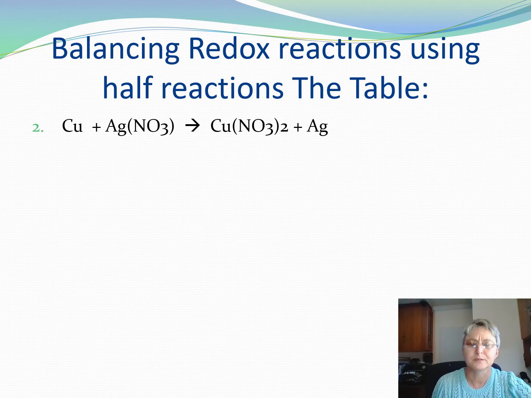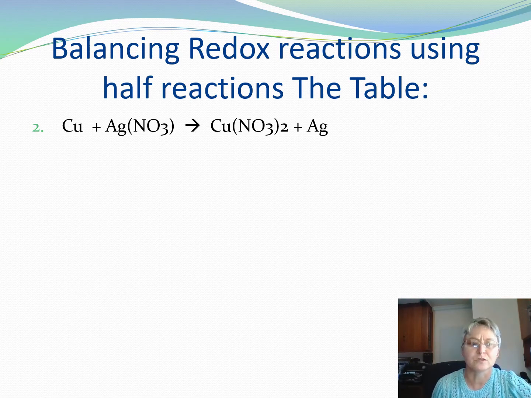And what happens is the copper displaces the silver from its solution. So we need to use the table of reduction potentials to write a balanced equation.